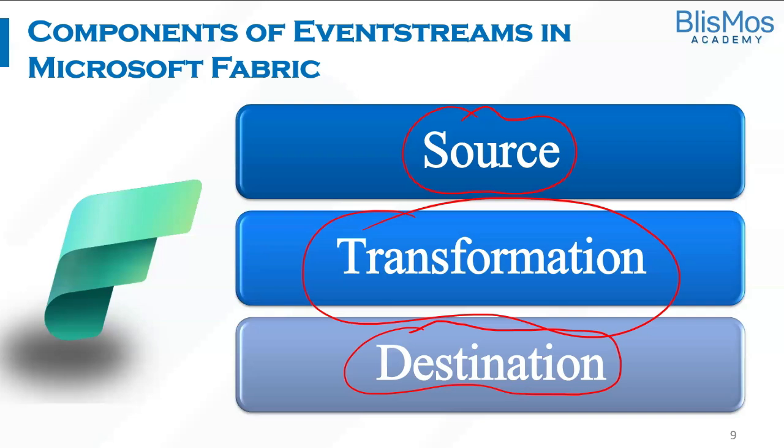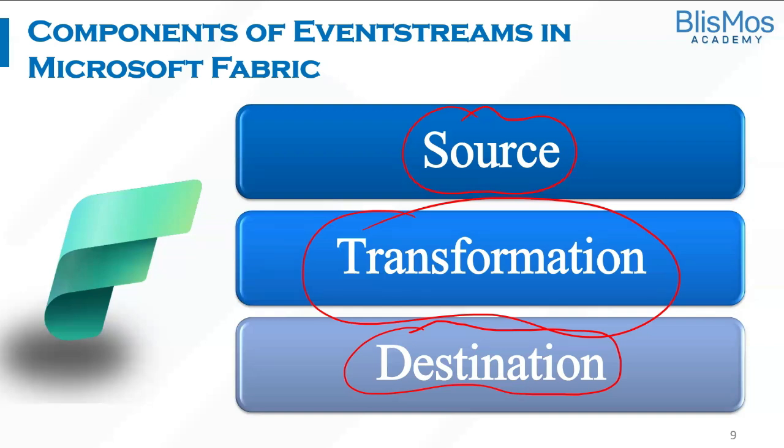Real-time analytics is supported by the real-time intelligence platform in Microsoft Fabric, which has important components like event stream, event house, real-time dashboard, real-time hub, and activator. Within the event stream, we have three components: source, transformation, and destination.